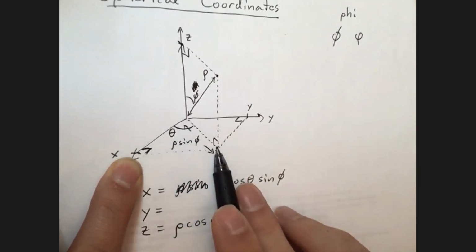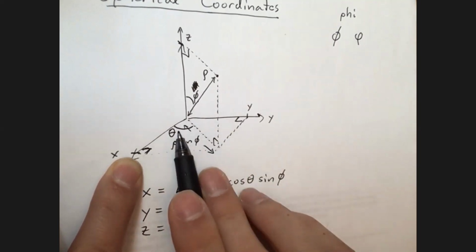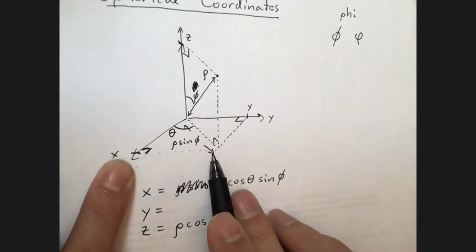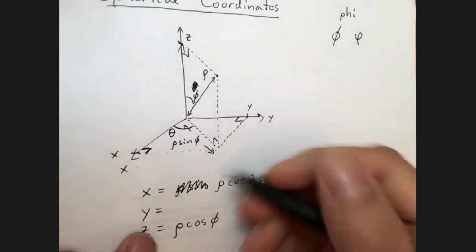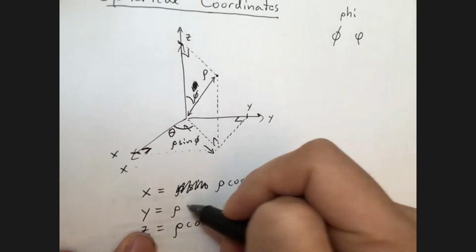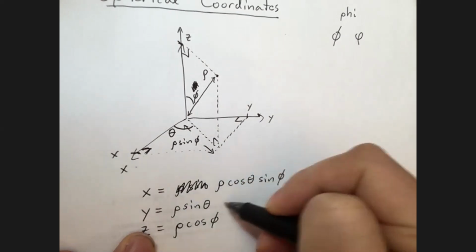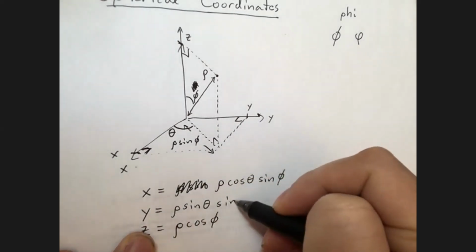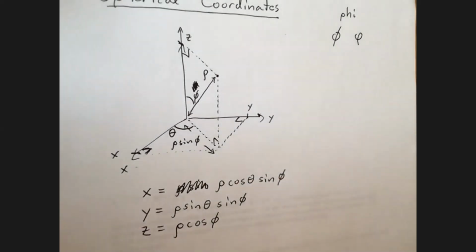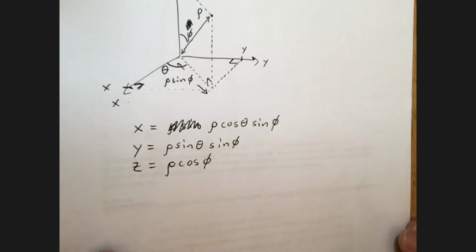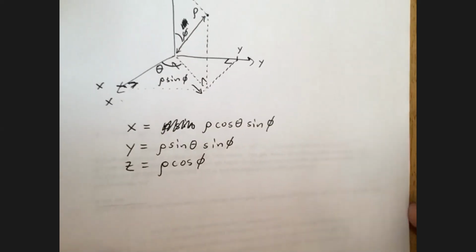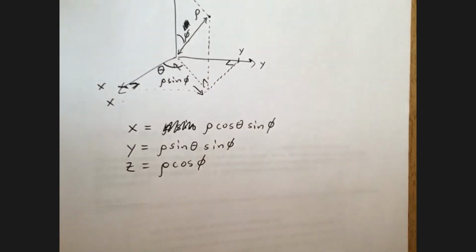So rho sine phi times sine theta will give me this side. So let me write it this way: rho sine theta sine phi is my equation for y. All right, so we did it. We got the equations that relate Cartesian to spherical coordinates here. Okay?